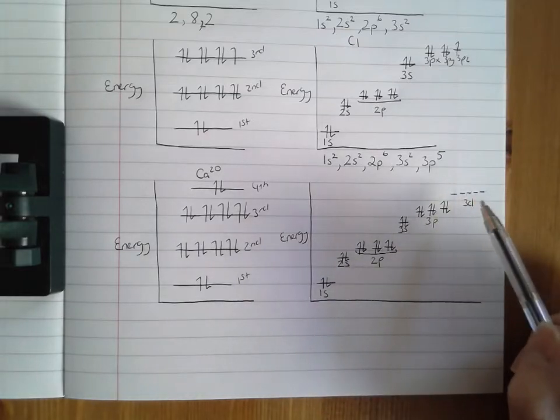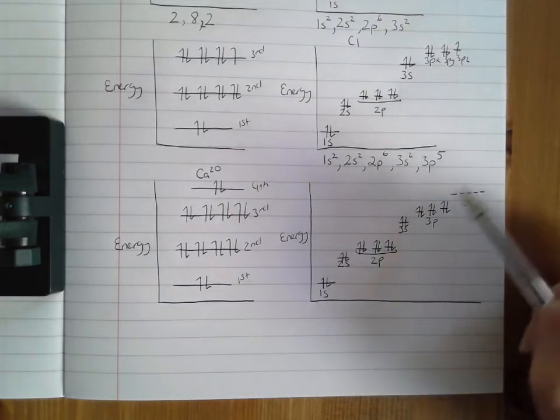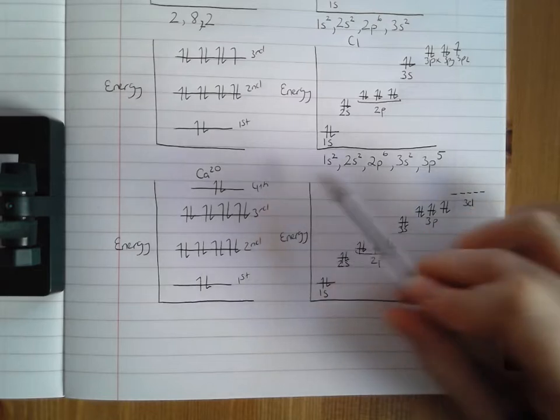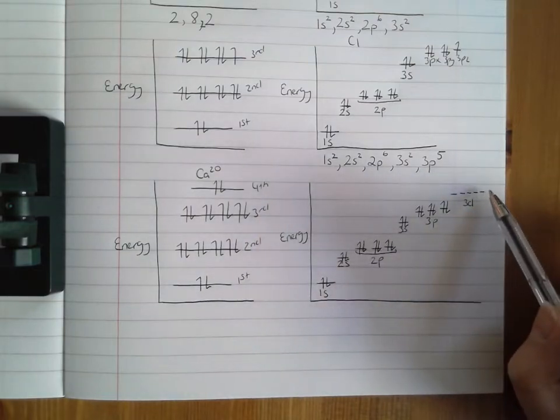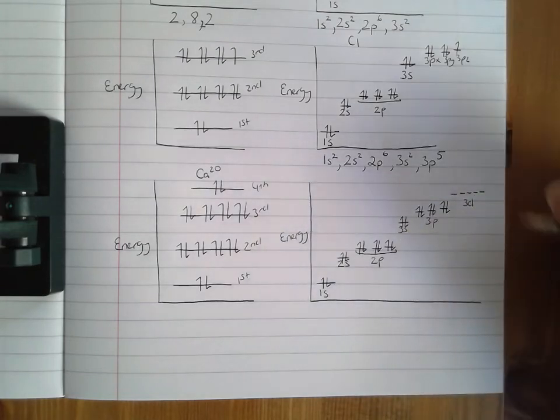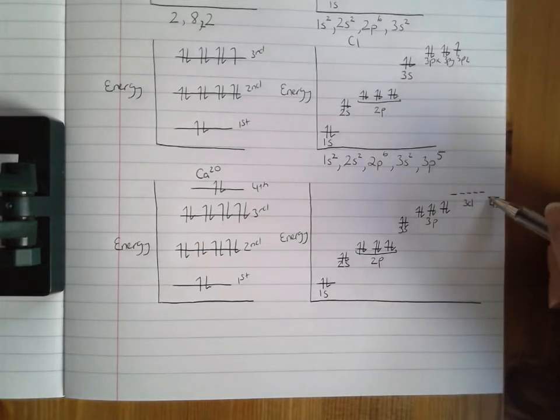And even though the 4s orbital is in the fourth energy level, it is actually lower in energy than the 3d orbitals. So the 4s orbital would sit around about here. It's higher in energy than the 3p, but it's lower in energy than the 3d.